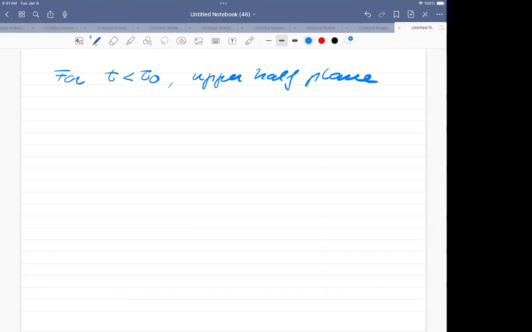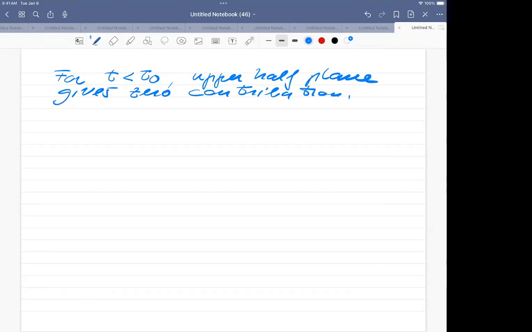Upper half gives 0 contribution. So that leaves a vanishing outcome since the pole is not included there.